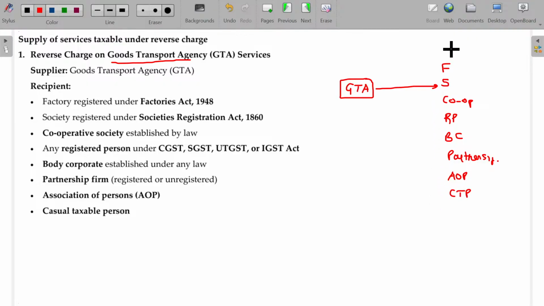If the recipients are these category of persons, then RCM basis will be applicable.